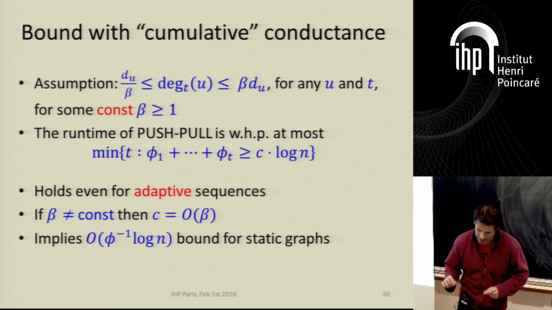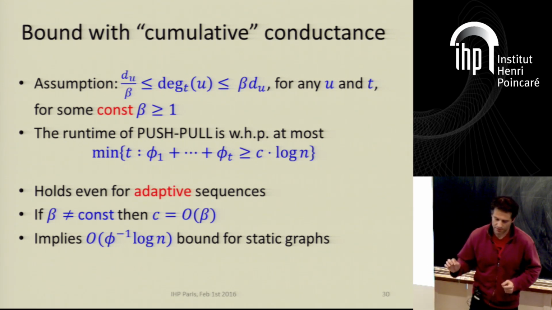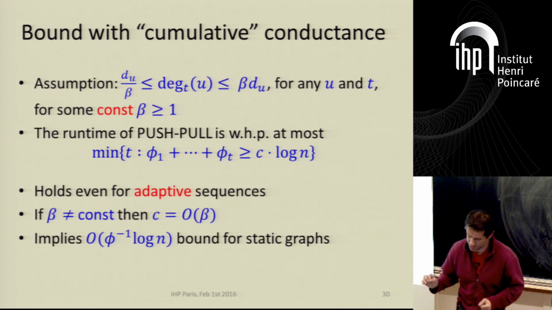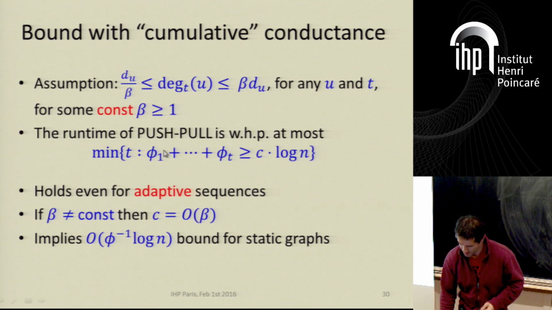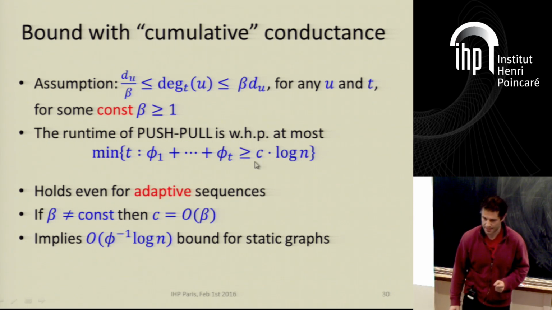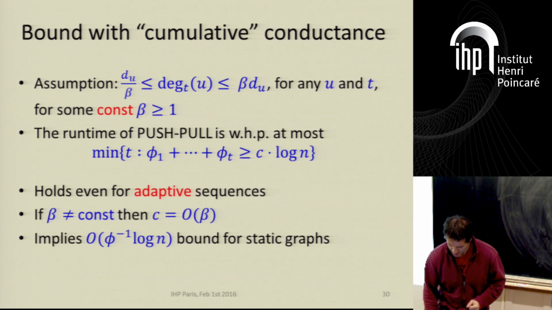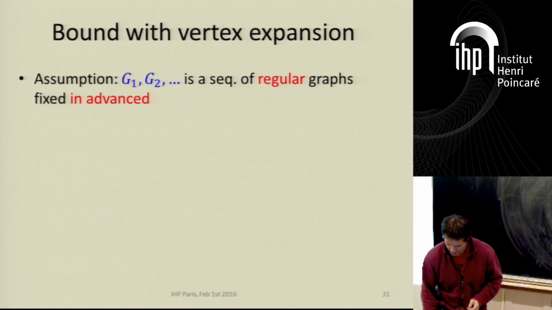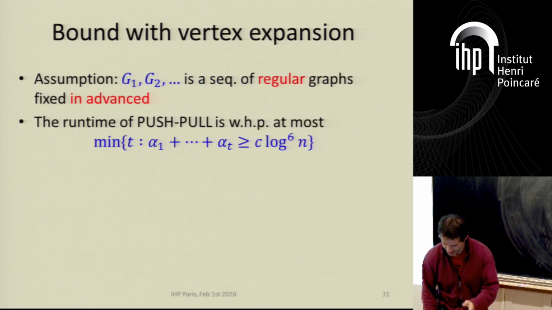And note that this bound implies the log n over phi bound for static graphs, because if the graph is static, then all these are equal to the conductance of the graph. So we have t times phi here, which implies that t is at most of order log n over phi.